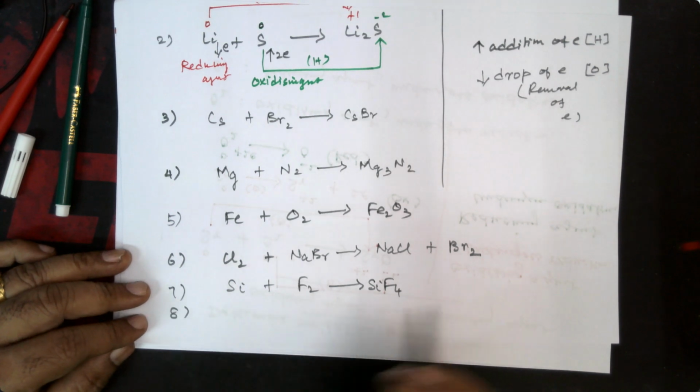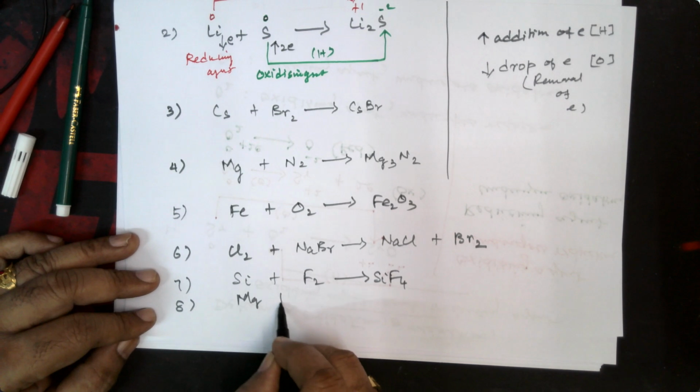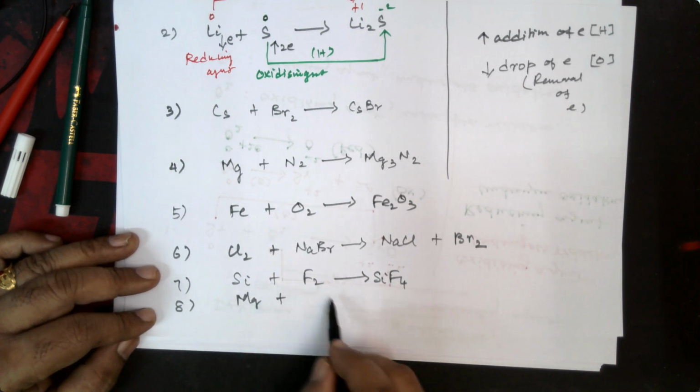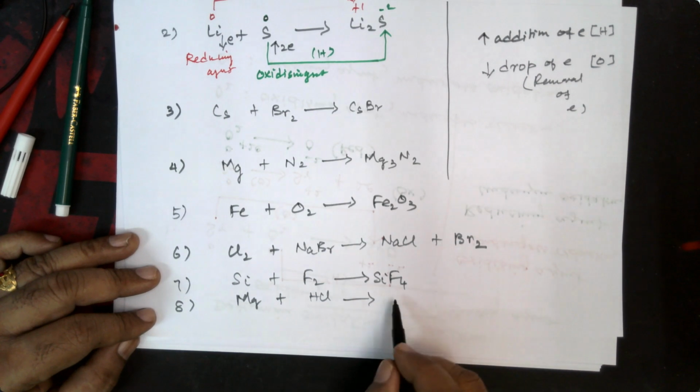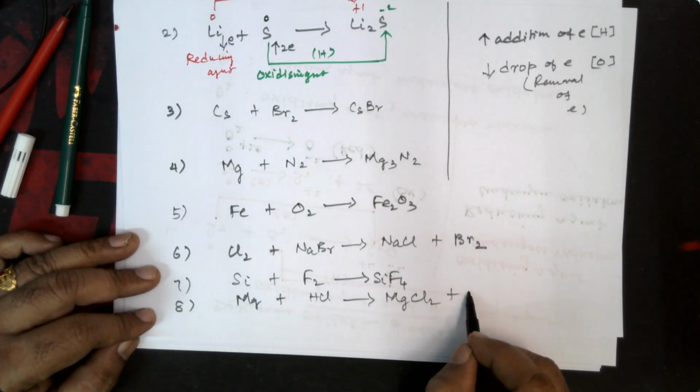Eighth one, magnesium plus hydrogen chloride or hydrochloric acid HCl gives MgCl2 plus hydrogen.